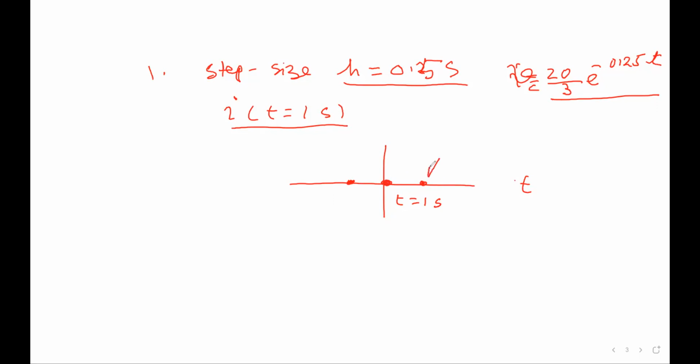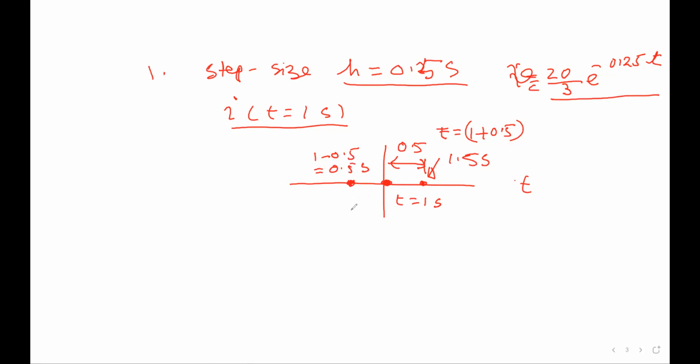At this point, your time t is equal to 1 plus 0.5 second, isn't it? Because your step size is equal to 0.5 second. So this point will be 1.5 second, and this point will be 1 minus 0.5, which is 0.5 second, isn't it?